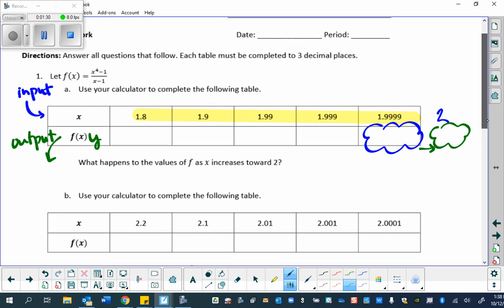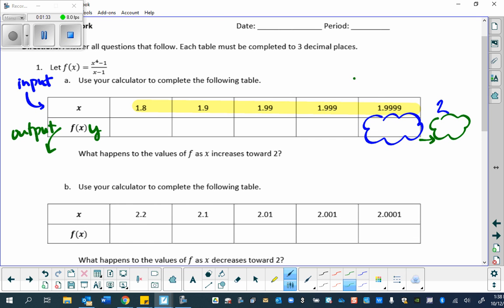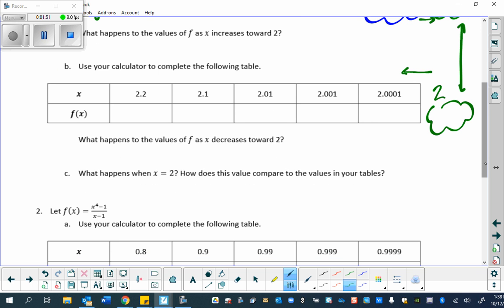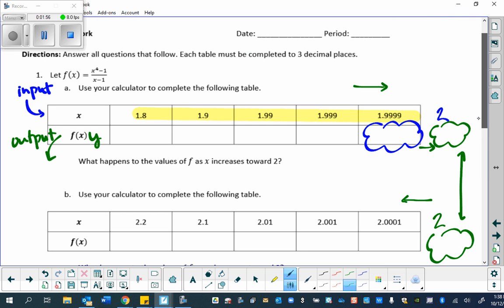We can approach that value from either the left, or if you think about it, we can approach that value from the right. Each time, again, I'm getting closer and closer to 2, and you needed to compare these values. When I plugged x is equal to 2 into my function, it went with no problem.